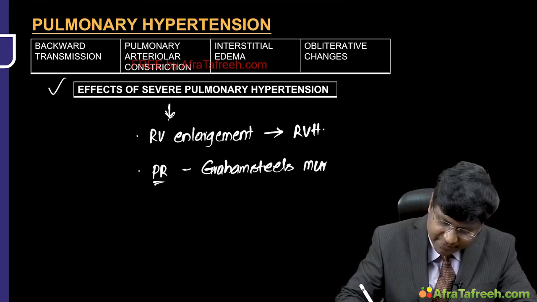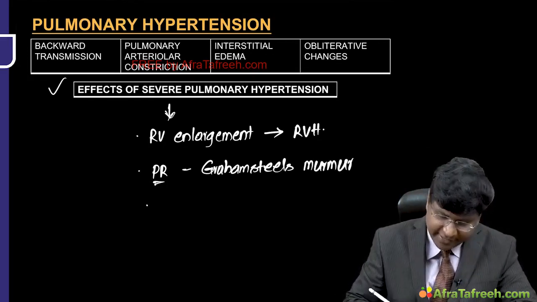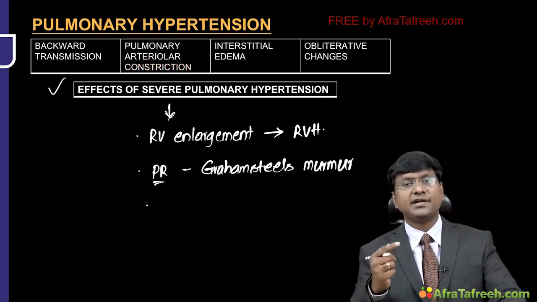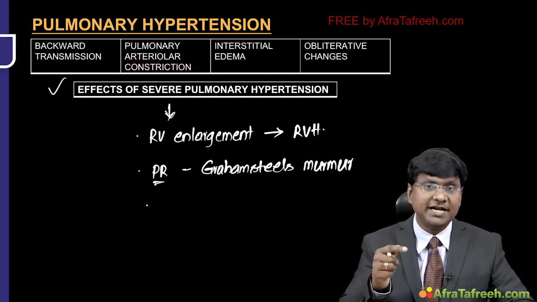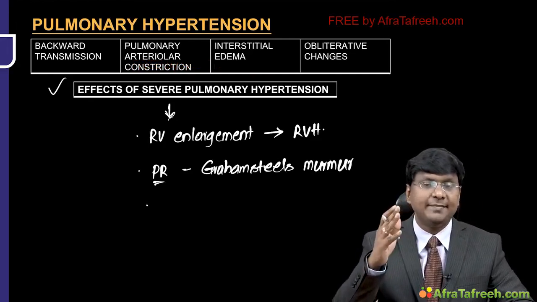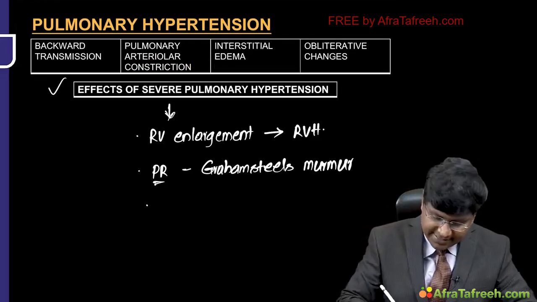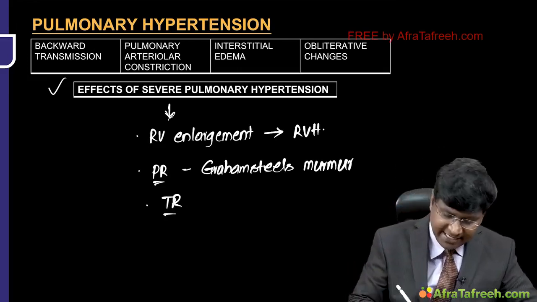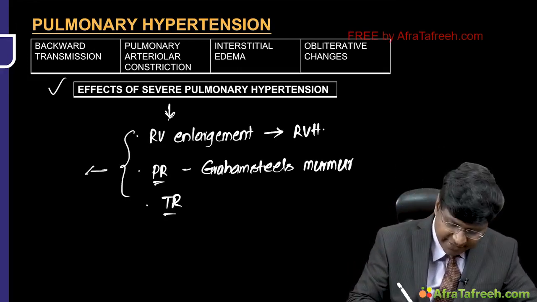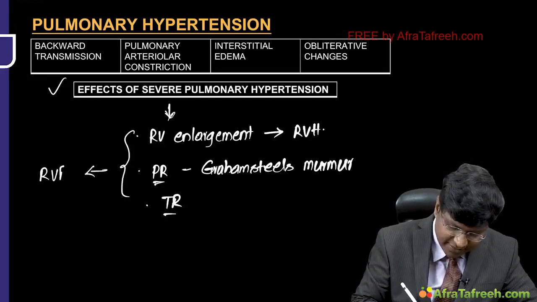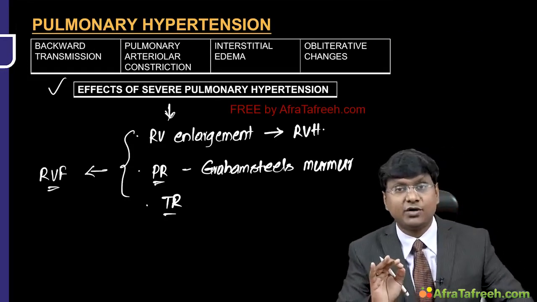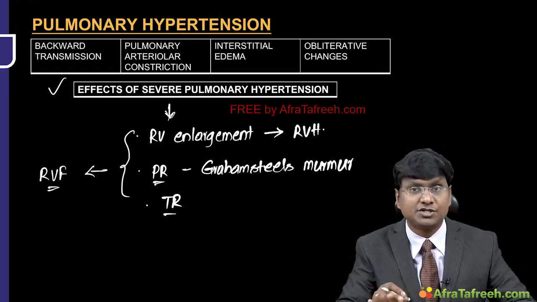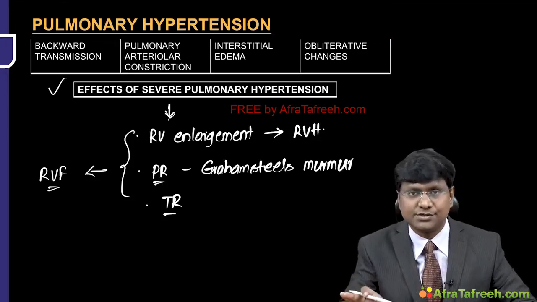And another point is, because of increase in the right ventricular pressure, the blood from the right ventricle will try to leak back into the right atrium, and that we call tricuspid regurgitation. Ultimately at one point of time, the individual lands up in right ventricular failure. This will be the effect of severe pulmonary hypertension, which is caused by very severe mitral stenosis.